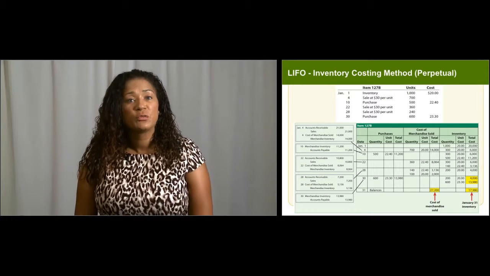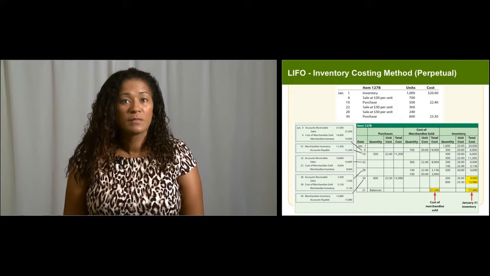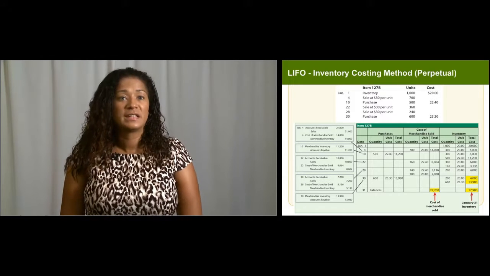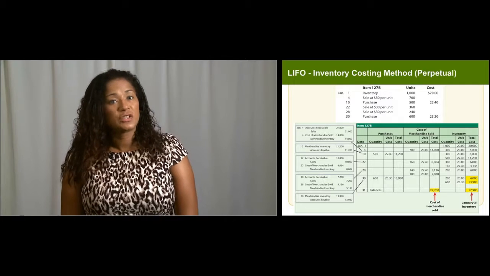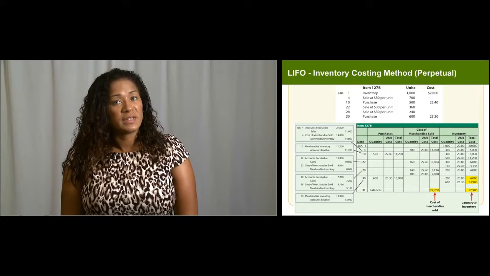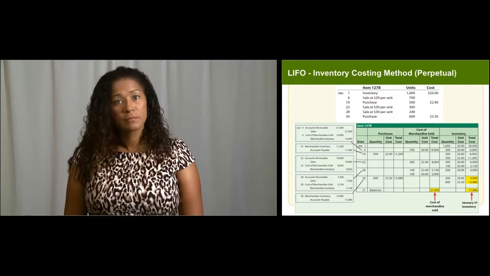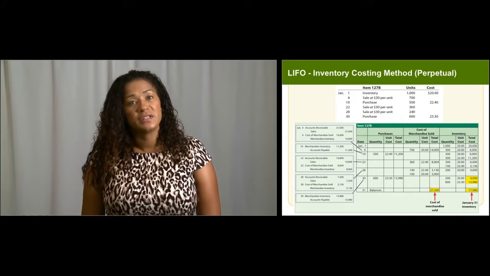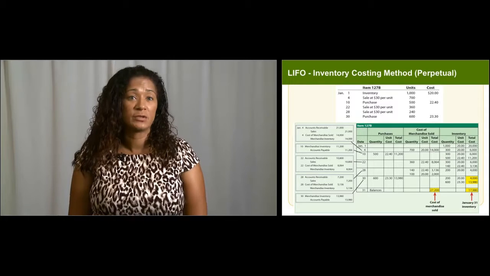Go to the cost of merchandise sold columns and enter 360 in the quantity column and $22.40 in the unit cost column. Calculate the total cost of the units sold by multiplying 360 by $22.40, which should be $8,064. Enter $8,064 in the total cost column in the cost of merchandise sold section.